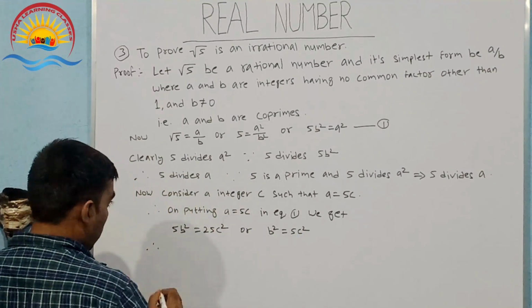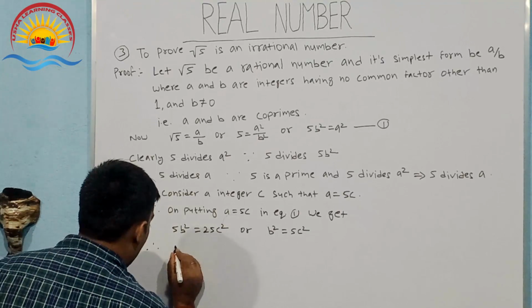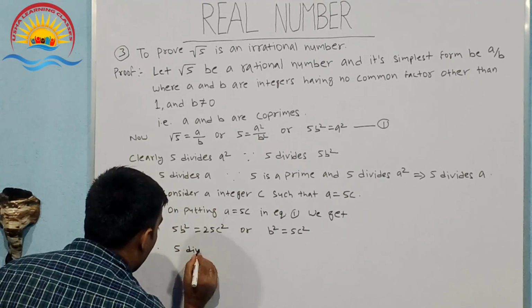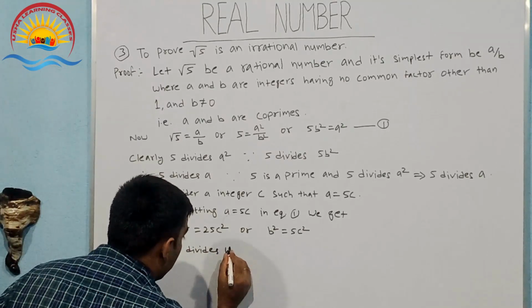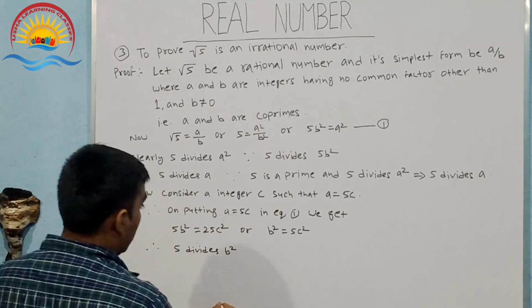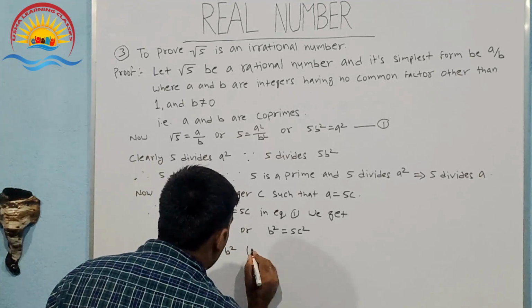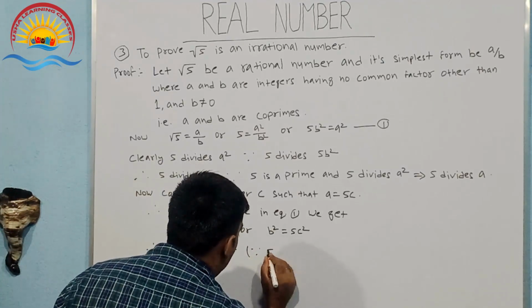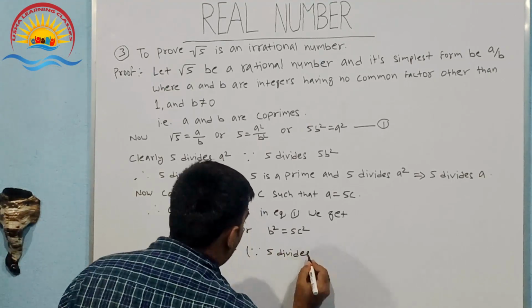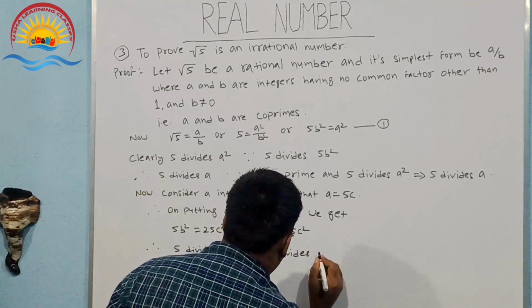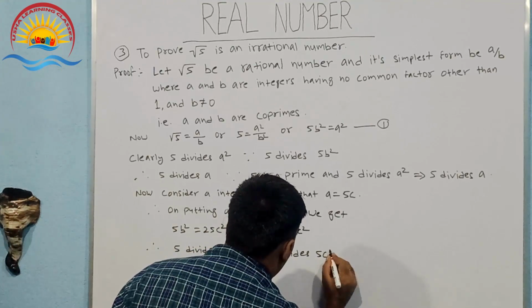Therefore 5 divides b square, since 5 divides 5c square.